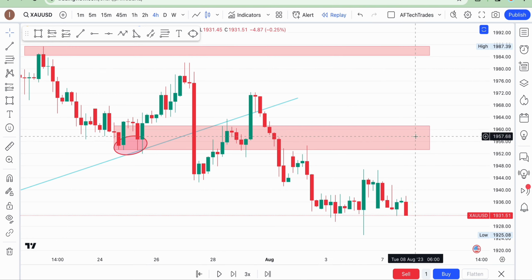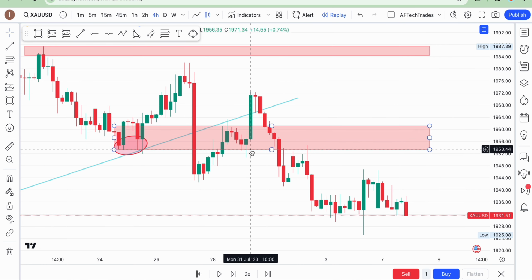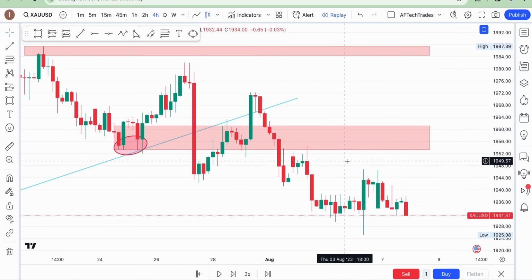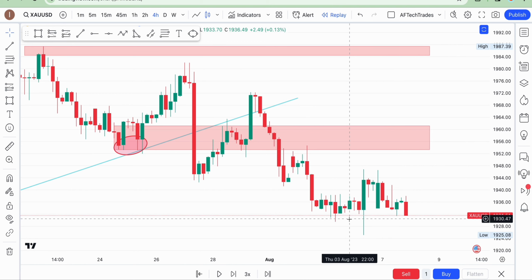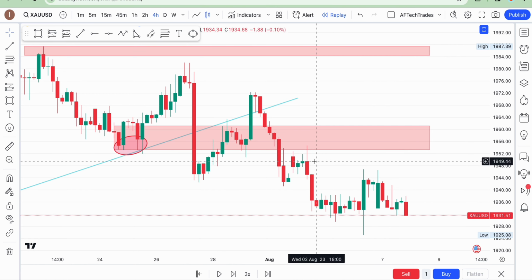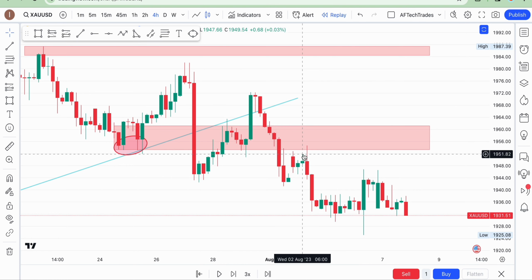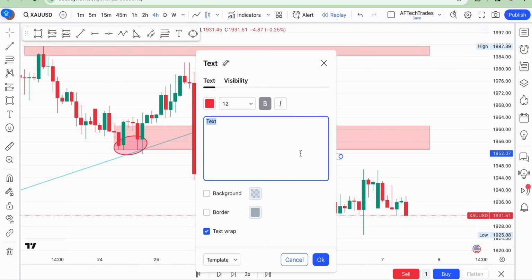So now what are we supposed to do in this situation? Because we can see now it's no longer forming our higher highs again. It has now started forming a lower low. You can see it has started forming a lower high and a lower low. These two right here are a lower high and lower low.